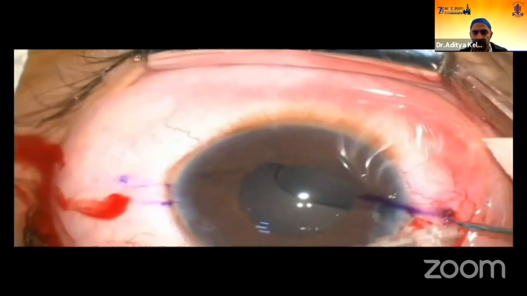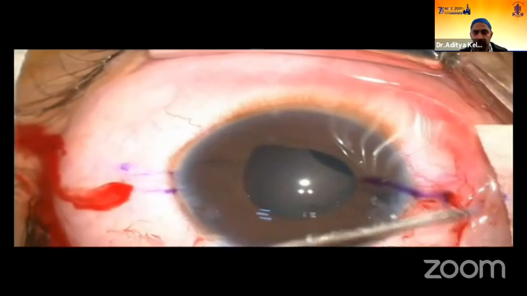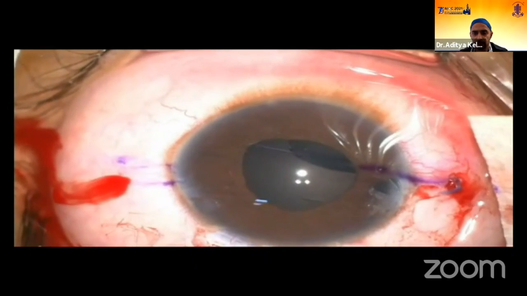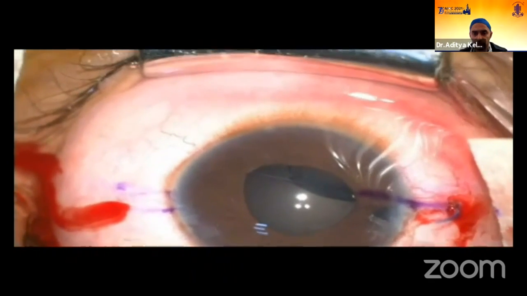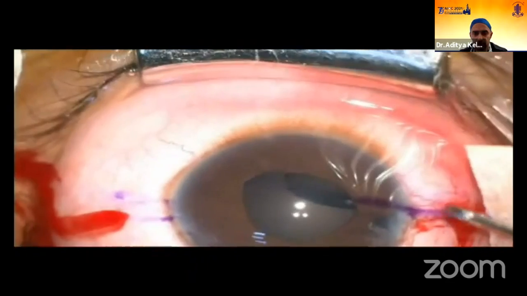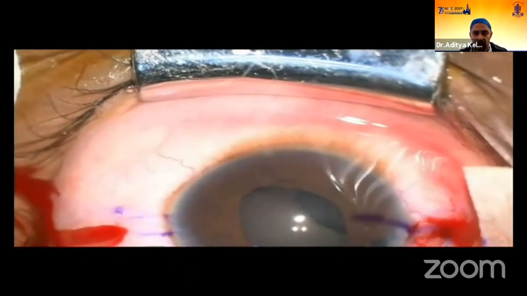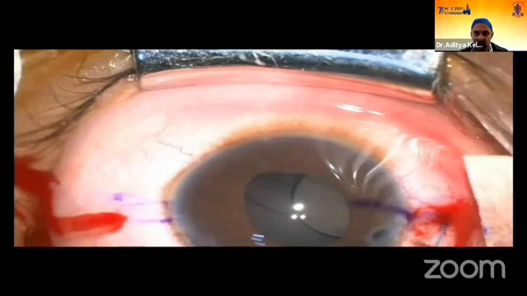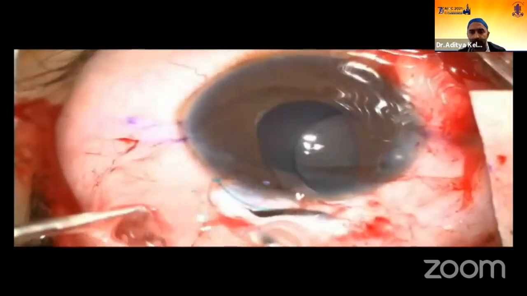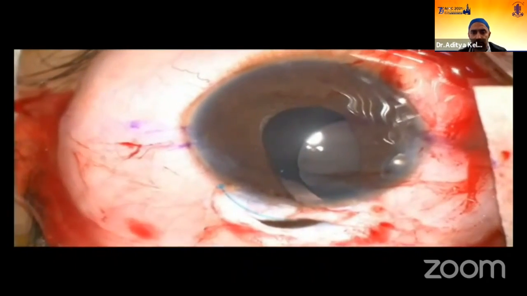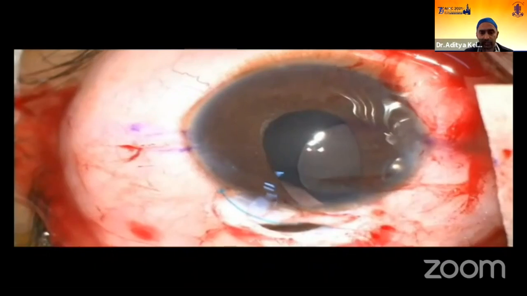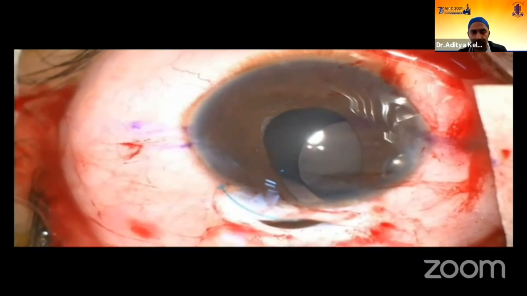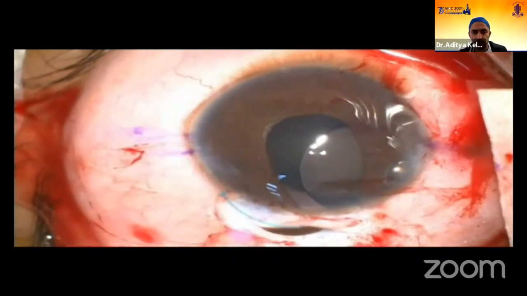And unfortunately, the lens is twisted and we don't know exactly what is happening with the first haptic, but it is almost certain that it is also dislodged. So we bring that haptic out, but we can't reintroduce it into the needle, and so we have to cut this flange.